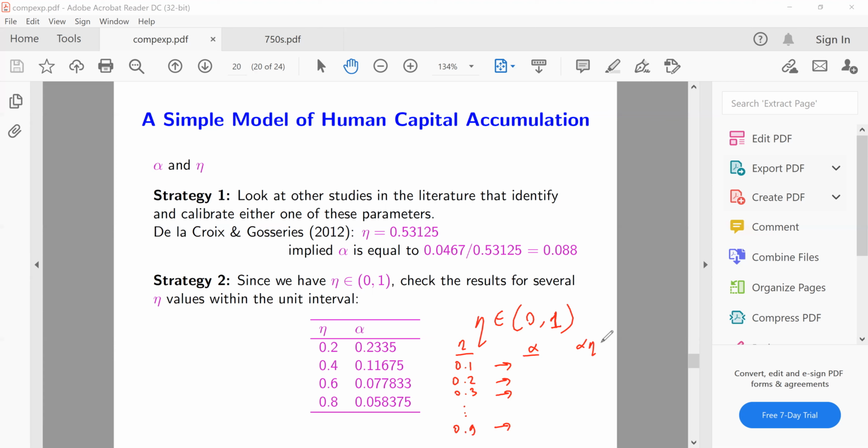Because alpha eta is given, right? So then you can have this type of robustness check. So there are certain strategies then, if you cannot separately identify all parameters, you can still use other studies in the literature, and you can still design some robustness checks.